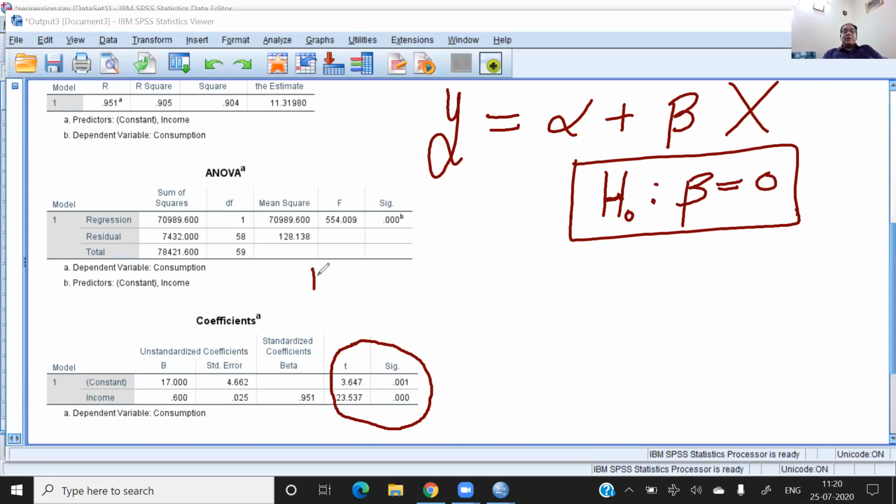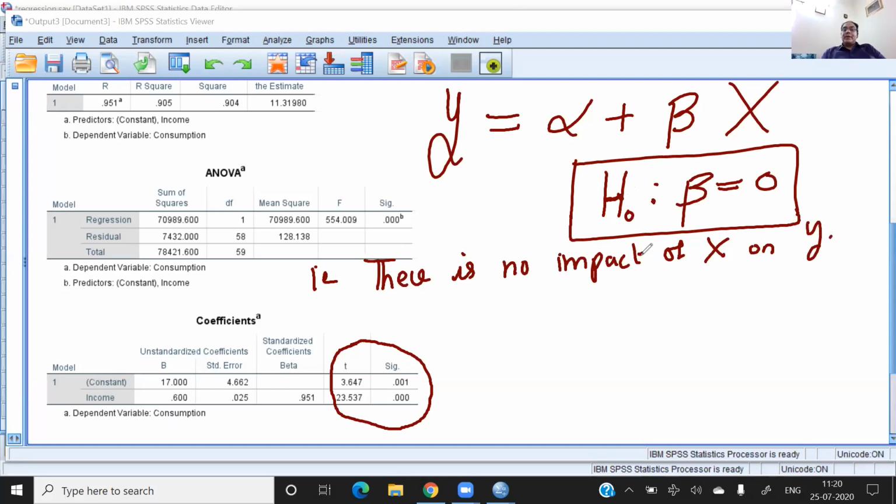So I can also write that there is no impact of x on y. This is the null hypothesis, right? There is no impact of x on y.